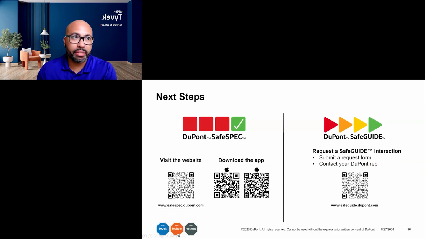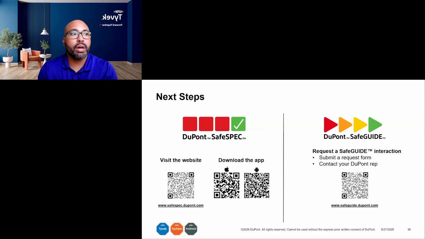Next slide, please. Now, the value is clear. Now the ask is simple. We want you to put these programs into use. First, with our SafeSPEC, download the app or go on our website and play with it. Use its data, create hazard situations.